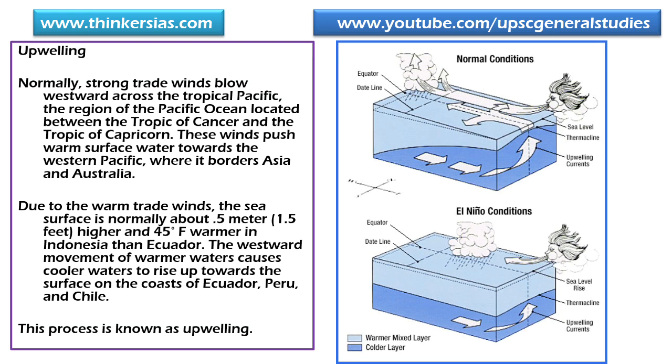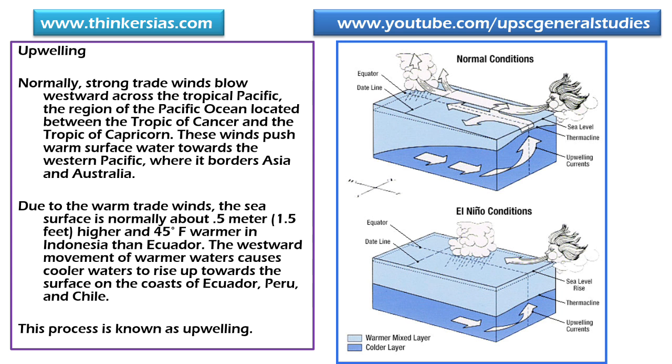The westward movement of warm water causes cool waters to rise up towards the surface on the coast of Ecuador. So cold water moves towards the eastern Pacific, towards the coast of Peru and Chile. This cold water upwells because of the Peruvian current, the Humboldt current, which carries the cold water to the surface along with nutrients.